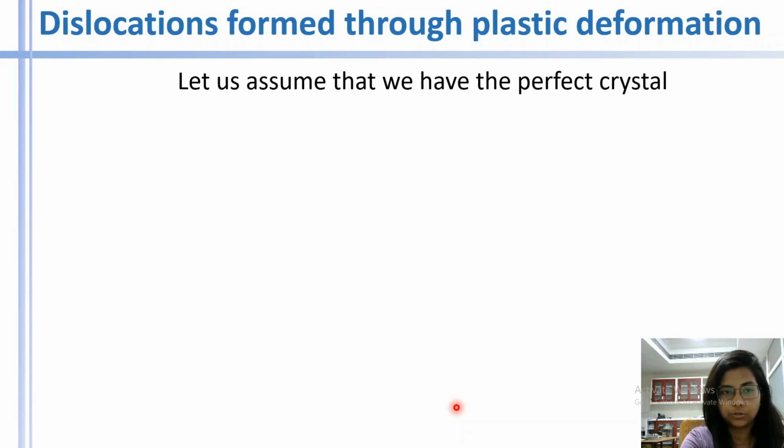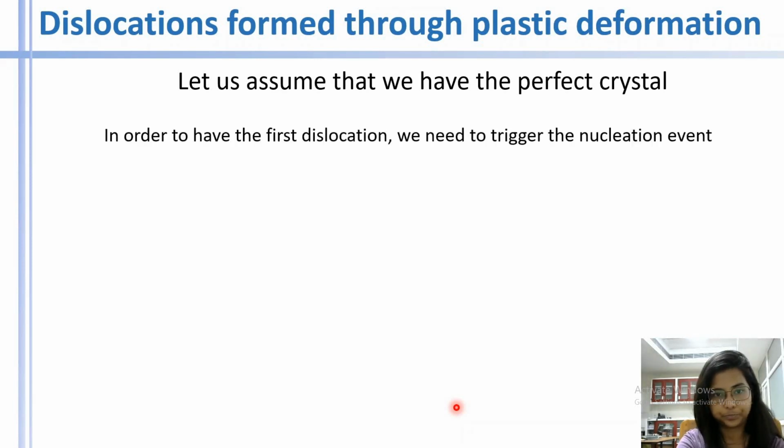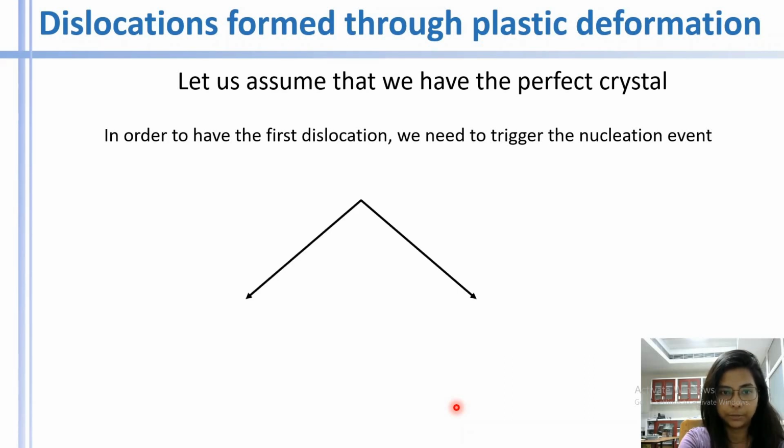So now we will talk about the dislocations formed through plastic deformation. Let us assume that we have a perfect crystal. Then in order to have the first dislocation, we need to have a nucleation event, or in other words, we need to trigger the nucleation event.